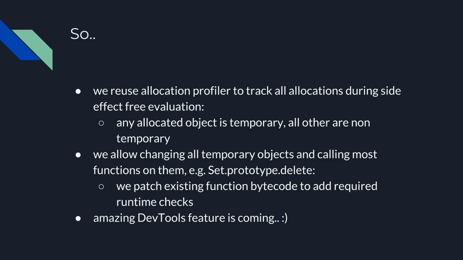And we may instrument the code of the function and inject some hook before calling any store or calling any non-side effect-free function. To do it, we can just reuse the existing patching mechanisms that we use for breakpoints in V8. So by just reusing two existing primitives in V8, we can introduce runtime checks and marking of temporary objects.